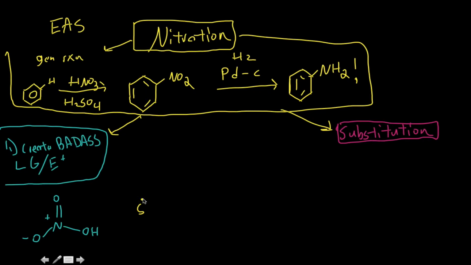Kind of a goofy looking S there, but that's our sulfur. It's got this there, there. I'm not going to draw the wedges and dashes, but they're there because of the geometry of the molecule. And 9 times out of 10, this negative charge oxygen is going to pluck a proton off of this.